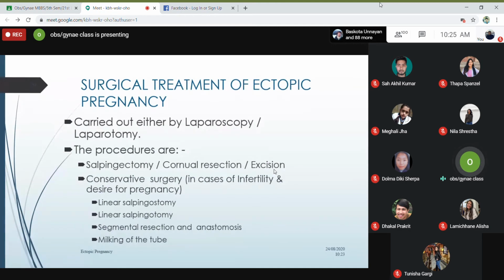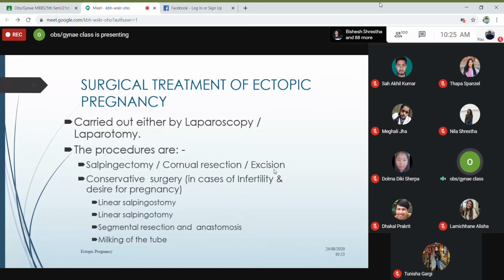Okay, so surgical treatment of ectopic is either laparoscopy or laparotomy. I told you it is laparotomy for the chronic ectopic, right? For the unruptured ectopic, either you can do a salpingectomy, removing the tube, or you can do conservative surgeries like linear salpingostomy.